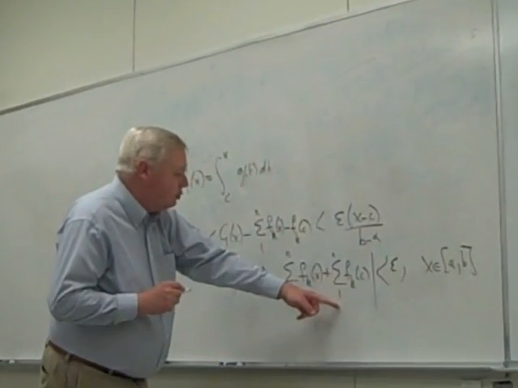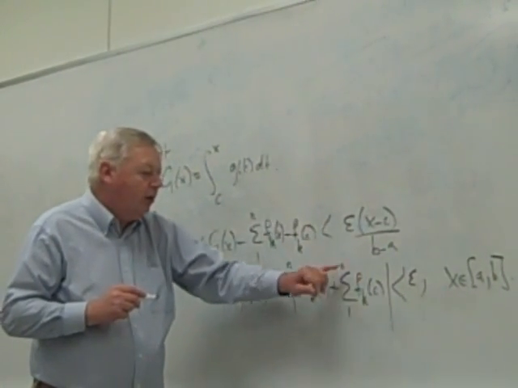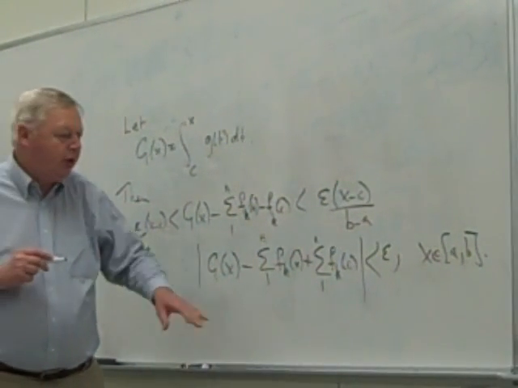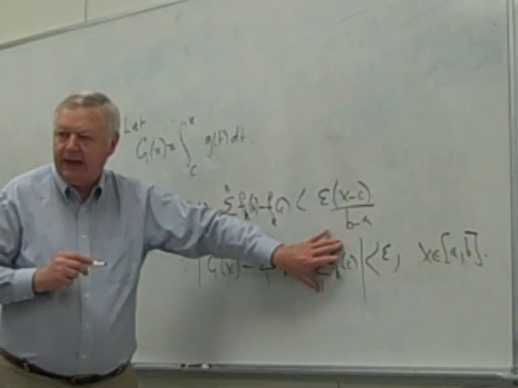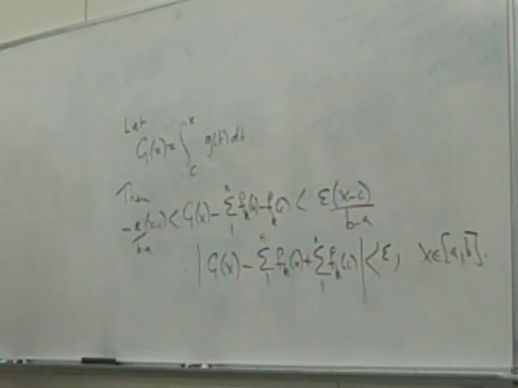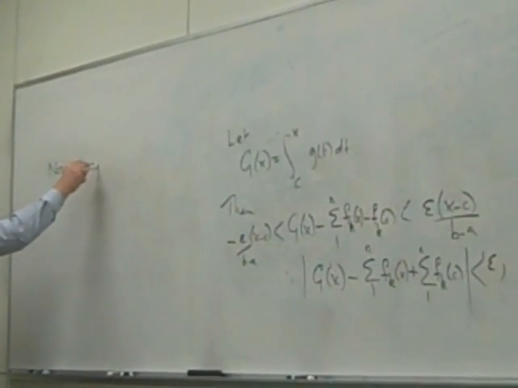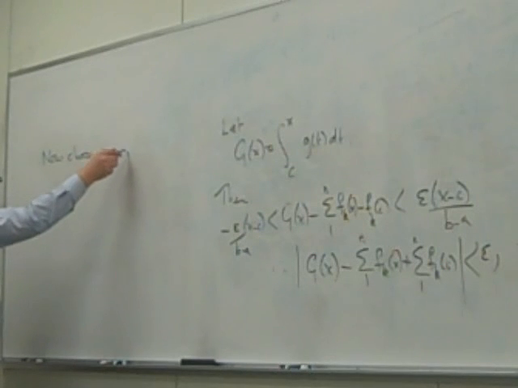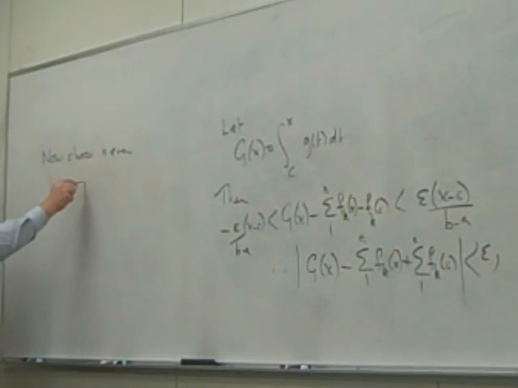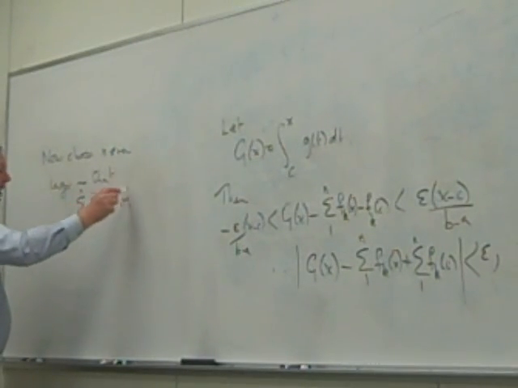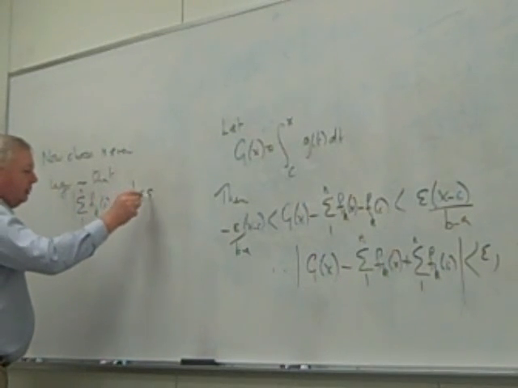Since this series is converging to m, we've already chosen n large enough to make this true. If we make n even larger, this will be within epsilon of m. So now choose n even larger, so that the sum from 1 to n of these constants, fk of c minus m, is less than epsilon.